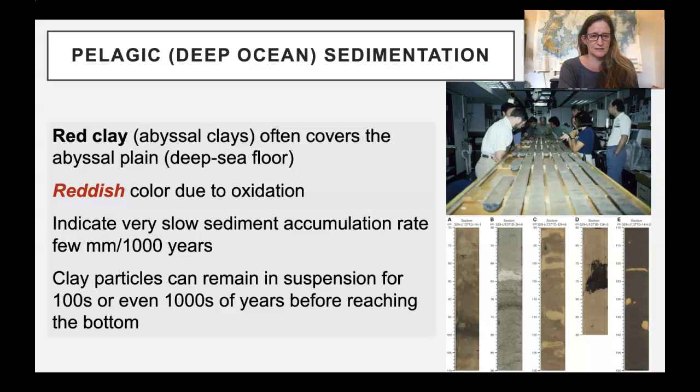We study these sediments by taking core samples. So this is a core that was round, and it's been sawed in half and turned on its side. So two kind of moon-shaped segments of a core, and then they've laid it out in A, B, C, D, E. They're looking at the stratigraphy, or the layering within those sediments.